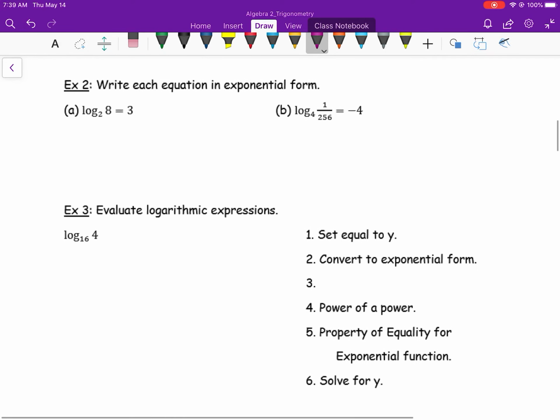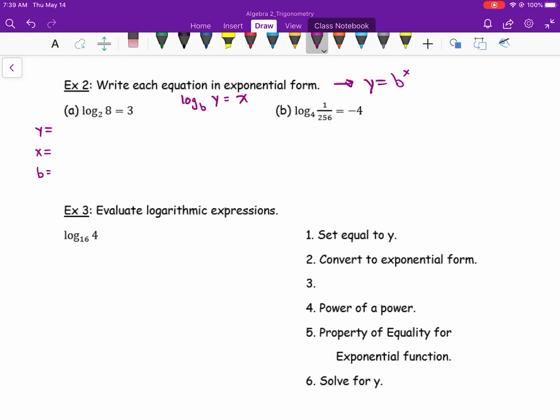Example 2, we're going to do the flip. We're given log form, and now we need to go to exponential form, y equals b to the x. Remember that log base b of y is equal to x. So y is 8, b is 2, and x is 3.